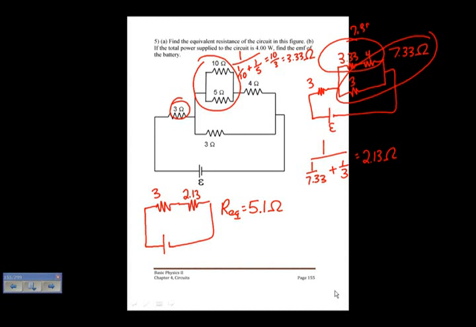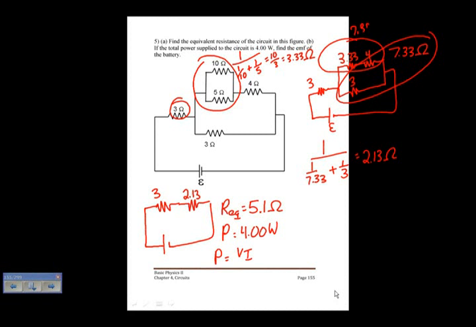And now I want to know the EMF of the battery, and I'm told that the power supplied is 4 watts. I know that P is equal to VI. I don't know the current right off in this circuit. You could find the current and solve it in that way.